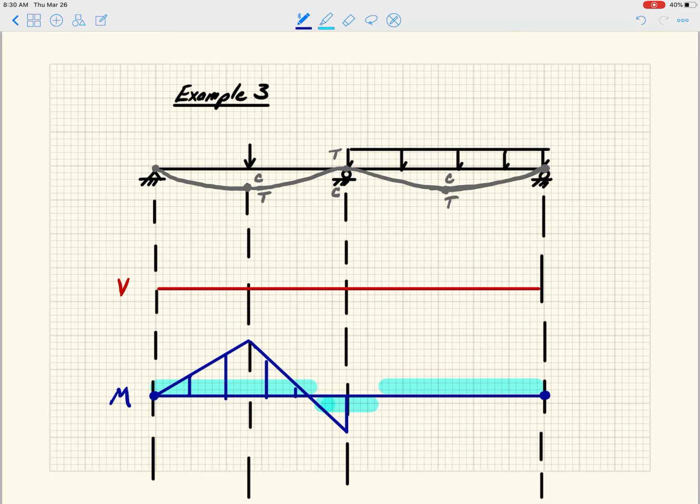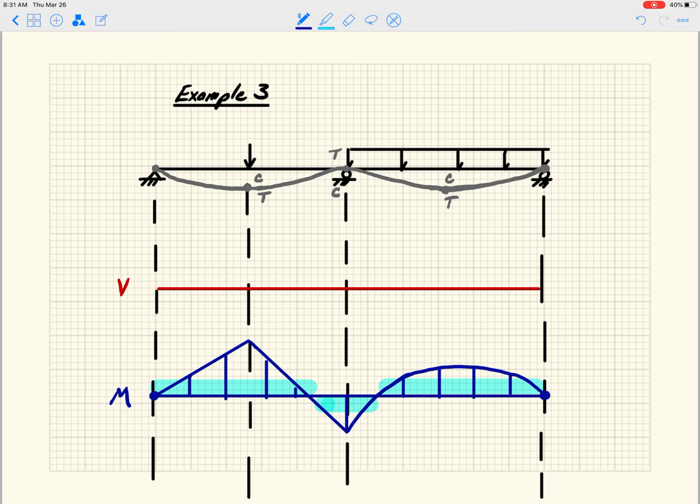And then on the right-hand side, we know that that is a quadratic moment diagram, and we know that it has to cross 0 there, and then it has to come back to 0 here. So just knowing that, we could say, well, it has to be concave down, because that's the only way that could work.